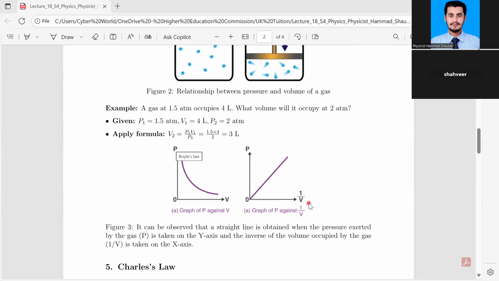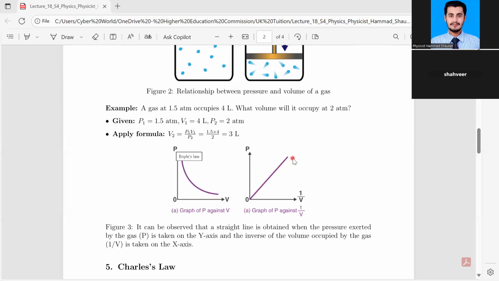So when we plot the graph between P and 1/V, we will get a straight line, because P is directly proportional to 1/V, but P is inversely proportional to V. When we plot a directly proportional graph, we always obtain a straight line.